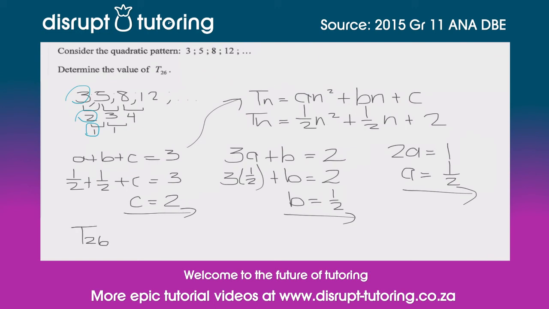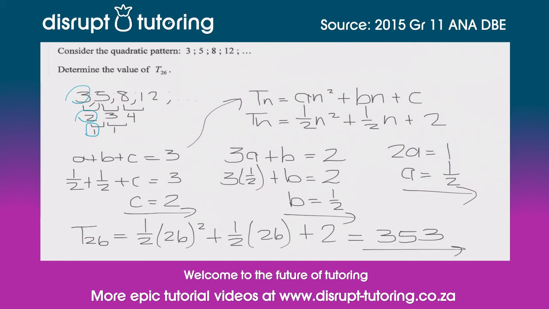So we're going to say T26 is equal to 1 over 2 times 26 squared, plus 1 over 2 times 26, plus 2. And when we plug all of that into our calculator, we're going to find that T26 is equal to 353. So that means the 26th term in this particular pattern is equal to 353.